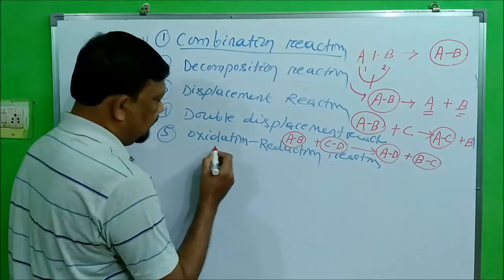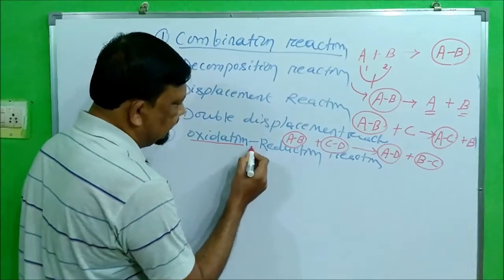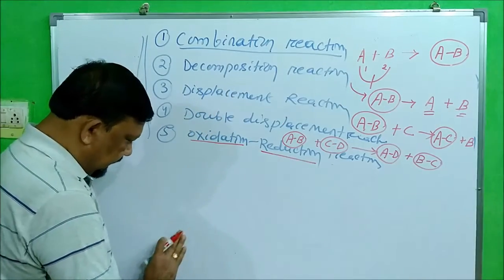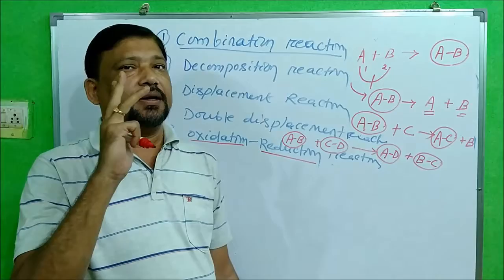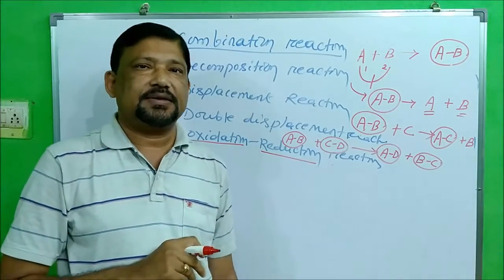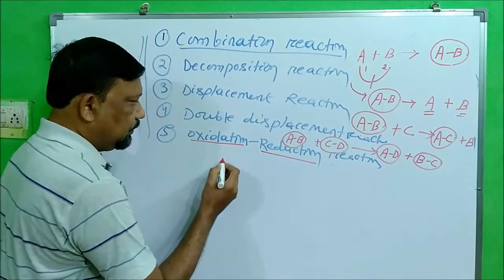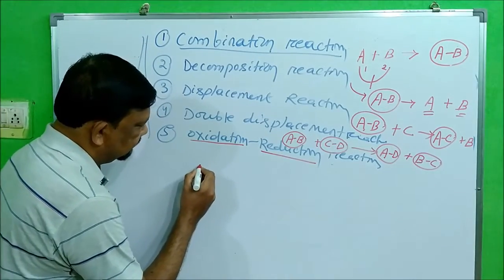Last one is the most important one. Here you will see two terms are there, oxidation and reduction. In this reaction, there are three ways to understand this type of reaction, because two processes are going on. Number one, oxidation.